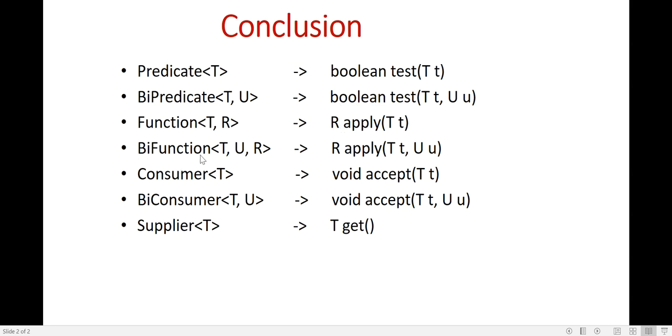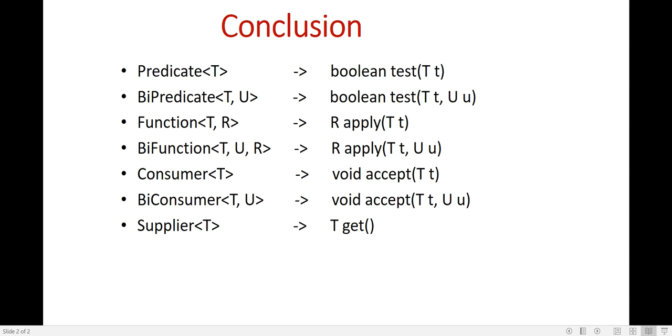But in the case of BiFunction, it takes two inputs T and U and returns R as a return value of any type. Now moving to Consumer, as the name suggests, it only takes one input and returns nothing, because consumers just consume but nothing is supposed to be returned. In the case of BiConsumer, similar to Consumer that accepts one input and returns nothing, the BiConsumer receives two values and returns nothing.